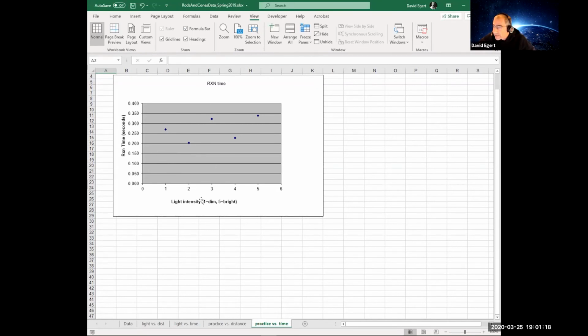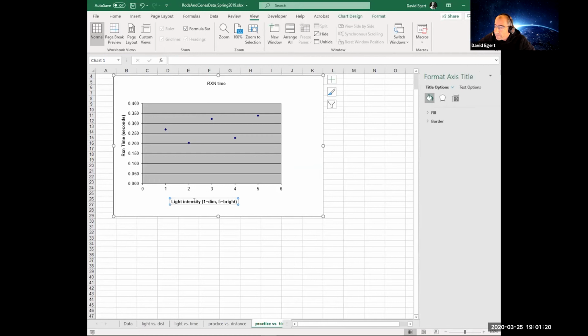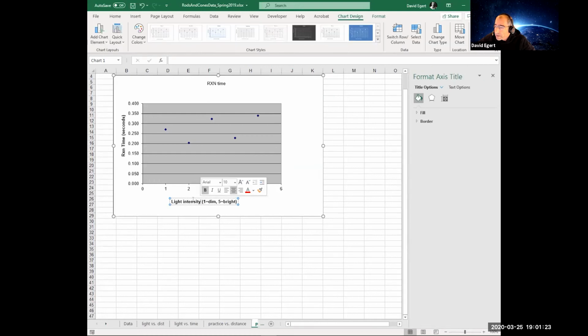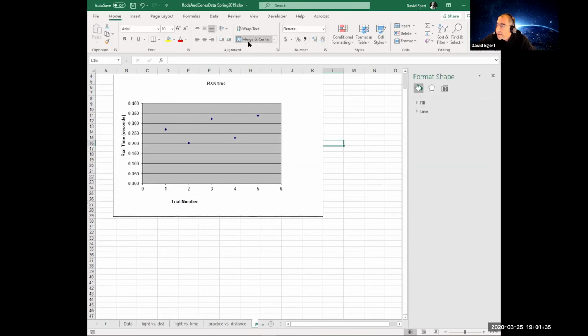This shouldn't be light intensity. This should be trial number. Let me change that. I will fix that and upload that onto our website. The thing on your website actually is a mistake there.